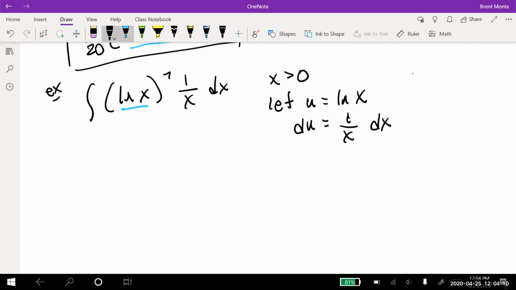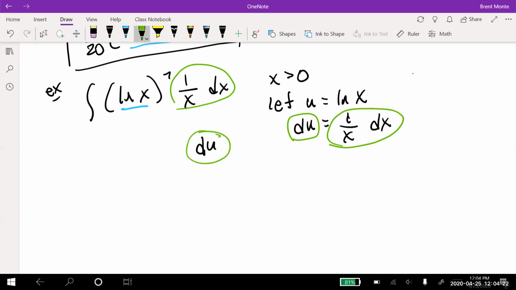Okay, so let's see what we have. So this 1 over x dx, we have exactly 1 over x dx. So that just becomes du. So that's going to become my du. We'll circle that in green so we know those match. The ln of x to the 7th became, remember ln of x, that was u. That just becomes u to the 7th.